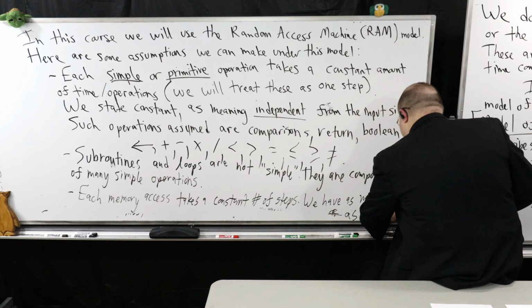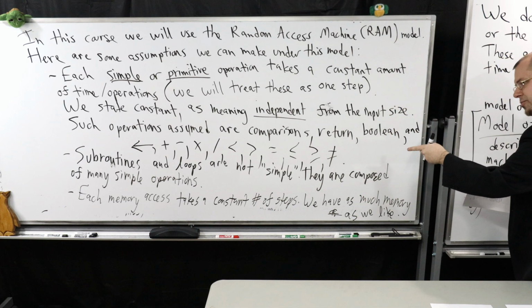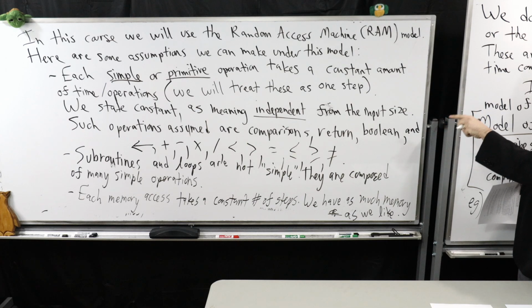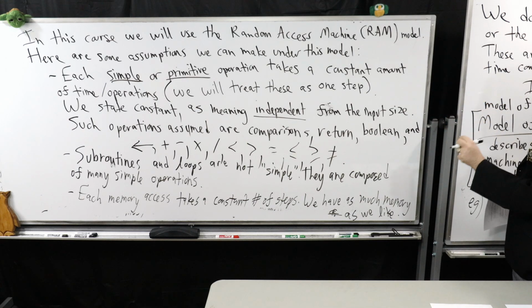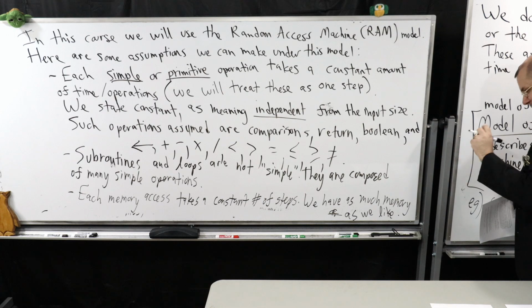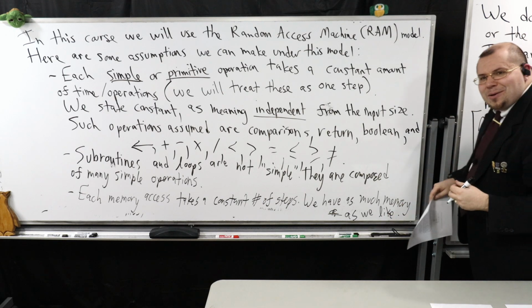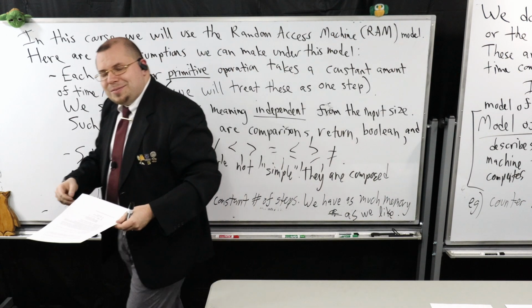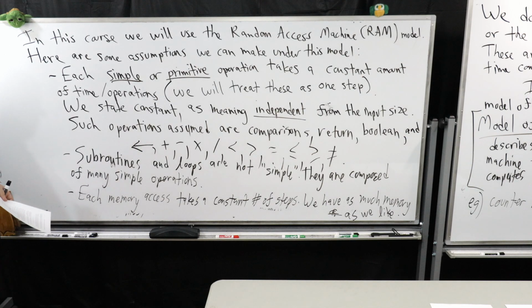Sorry, my writing is really funky in this corner. Let me reiterate: each memory access takes a constant number of steps, and we have as much memory as we like. That's what it says here. My apologies. But believe it or not, these are all the rules. That's it.